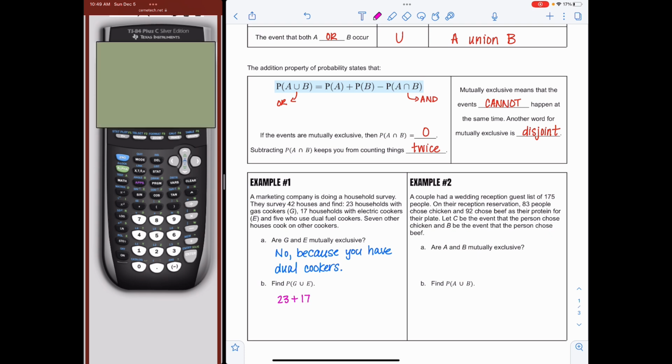And remember, there are 5 who use dual cookers that have electric and gas. So those 5 dual cookers are actually inside of the 23 gas cookers and the 17 houses with electric cookers. So we have to subtract the 5 because the 5 is in each of the 23 and the 17.